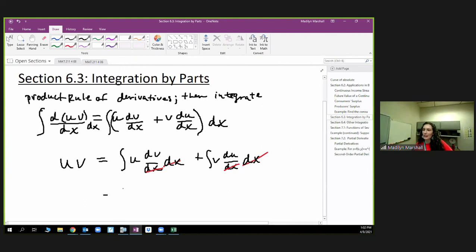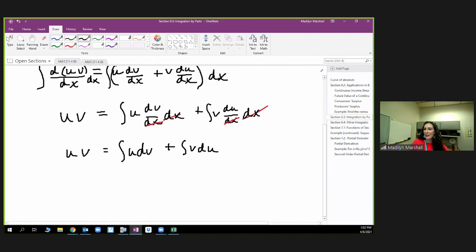And so on the right here, we have u dv plus v du. And so those are differentials. Remember when we've been doing substitutions, we can have d whatever our variable is. So dv is the differential of v, du is the differential of u.